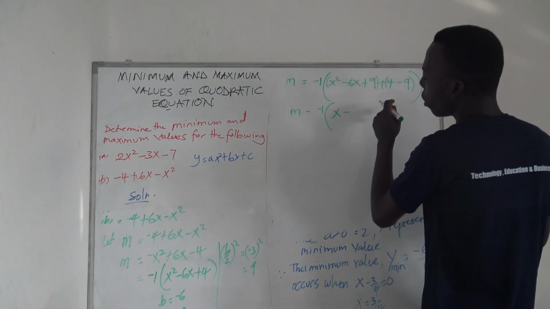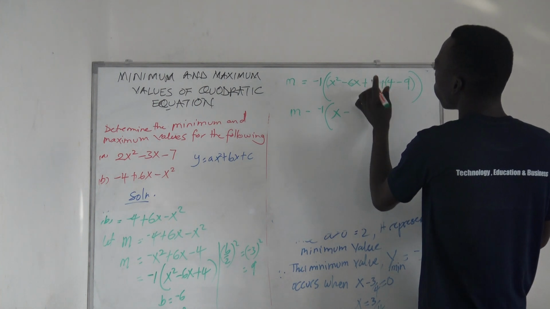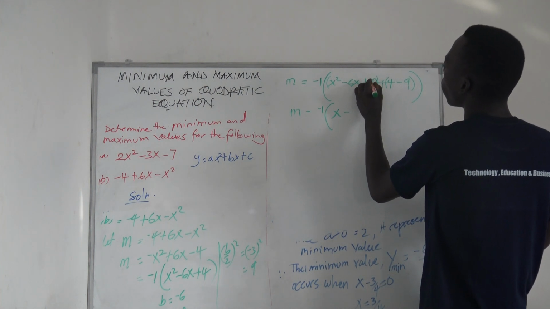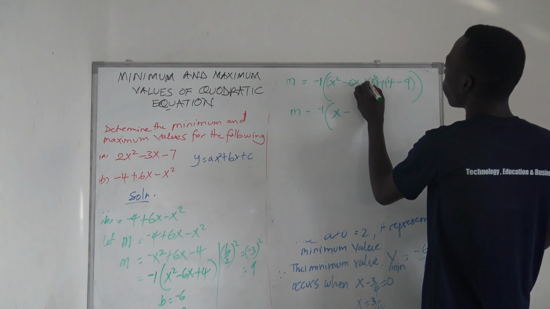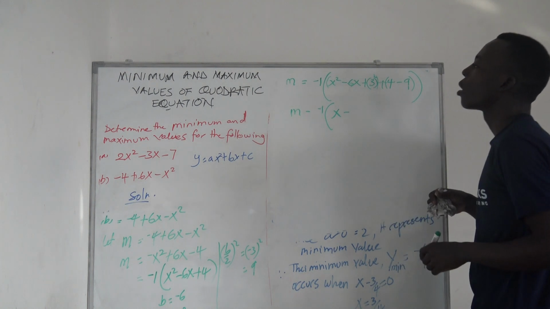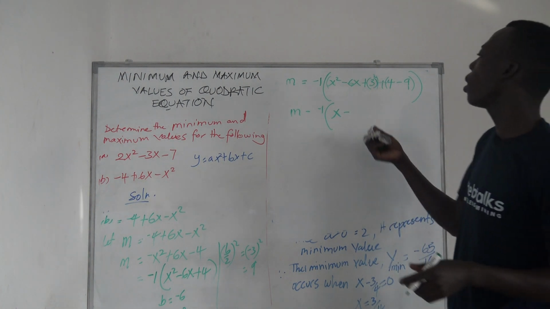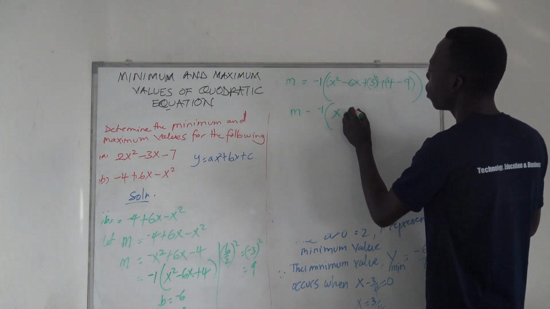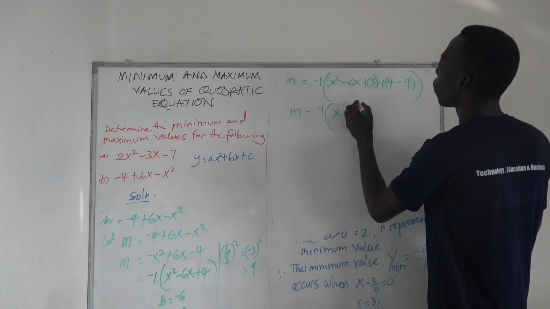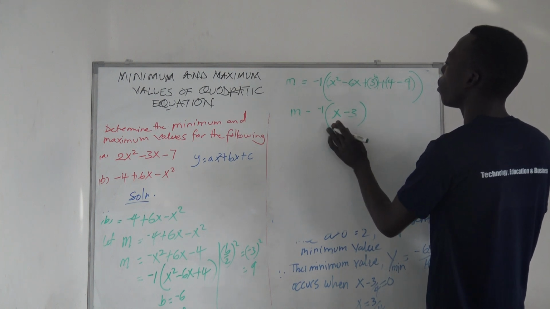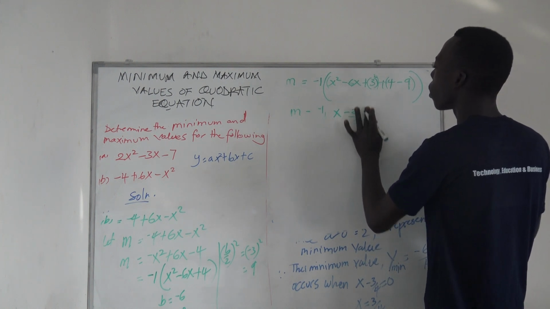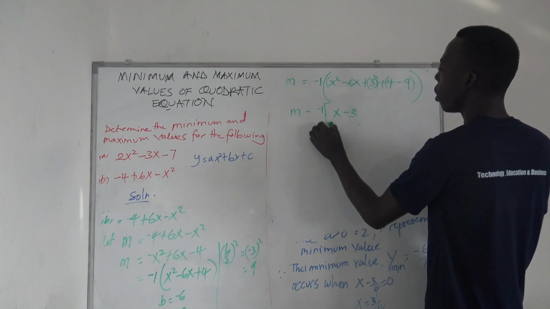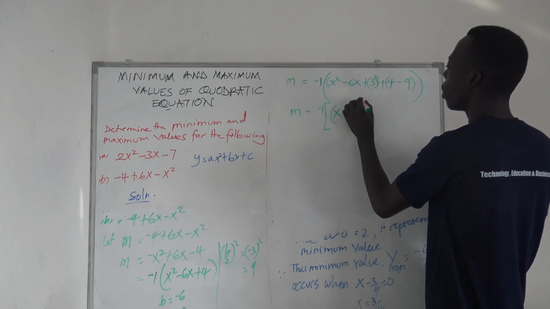According to this one, let me put a 3, then I square it. Here I put a big bracket, then square it.